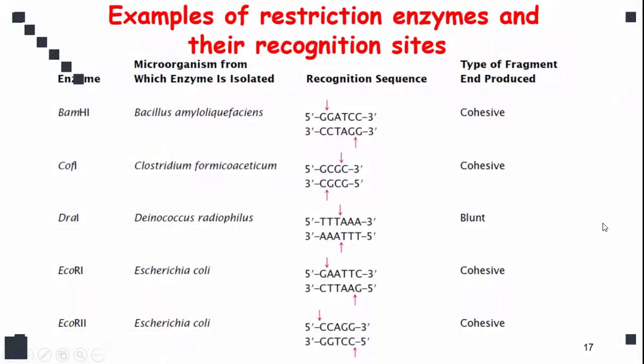Now, these are example restriction enzymes and their recognition sites: BamHI, and others, including EcoRI and EcoRII. Their sources where they have been isolated: Escherichia coli, Clostridium formicoaceticum, and Bacillus and Mycobacterium, and these are the cuts: sticky, blunt, sticky, and sticky.